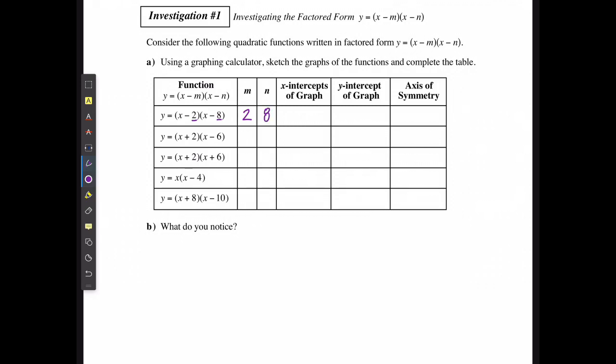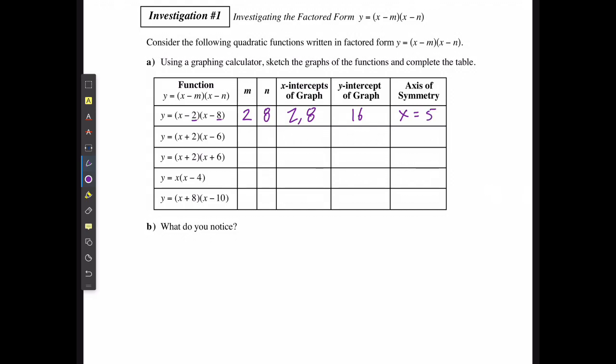When we graph it out and search for the zeros or the roots of our function, we can see that the x-intercepts occur at 2 and 8. The y-intercept occurs at 16. And the axis of symmetry occurs when x is equal to 5.